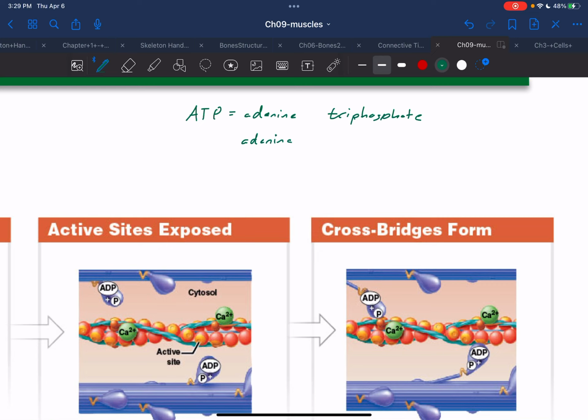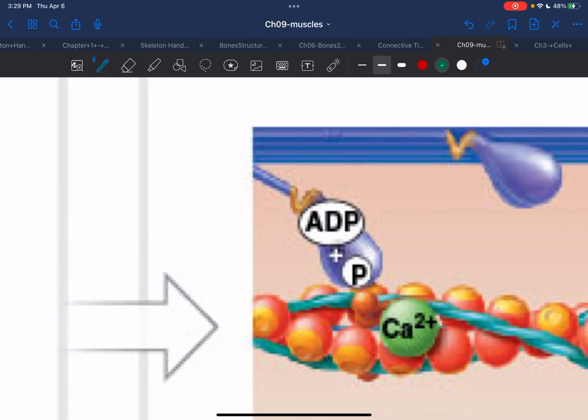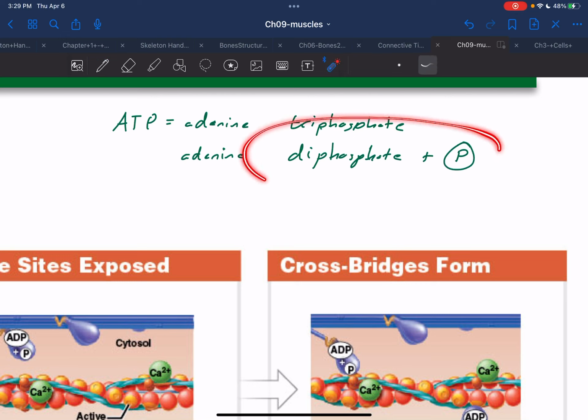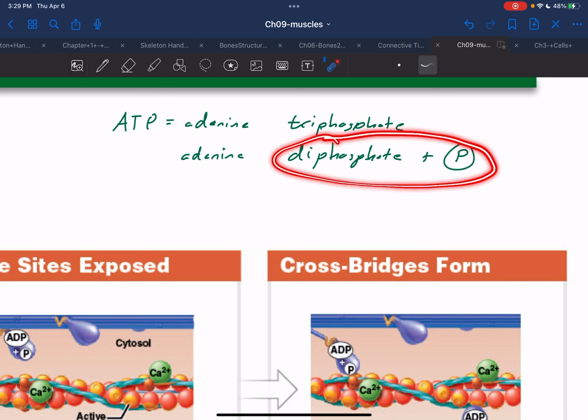Adenine diphosphate. And you can see that little plus P is that third phosphate, right? We don't really have to be chemistry experts to understand that. We have an extra phosphate. I'm just going to write P for now. When you combine these together, a diphosphate with one more phosphate would make your triphosphate.